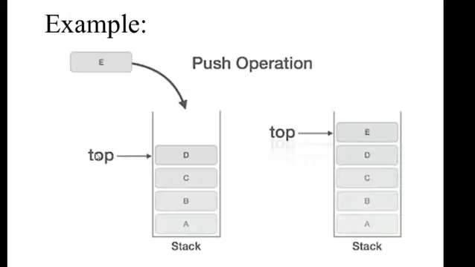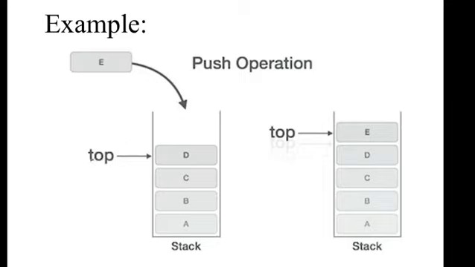You will see that. Okay, here is an example, and I have already discussed this kind of example. If you have an existing stack of 4 elements, let's say A, B, C, D, and you need to insert a new element, E, you can only insert at the top side of this given data structure.